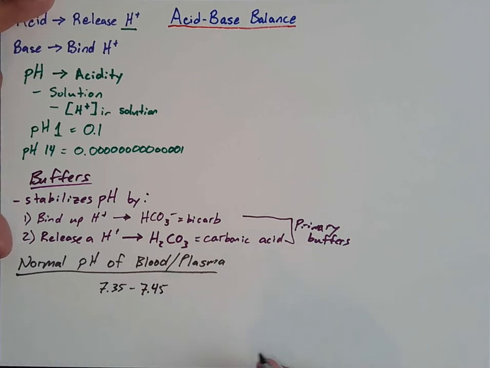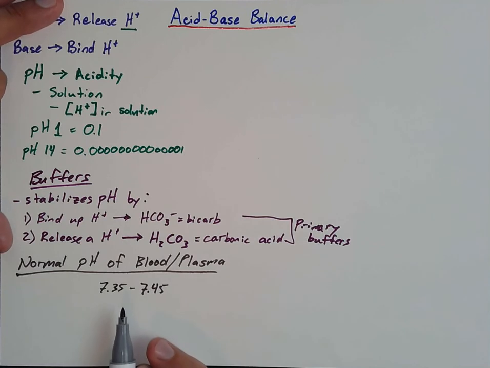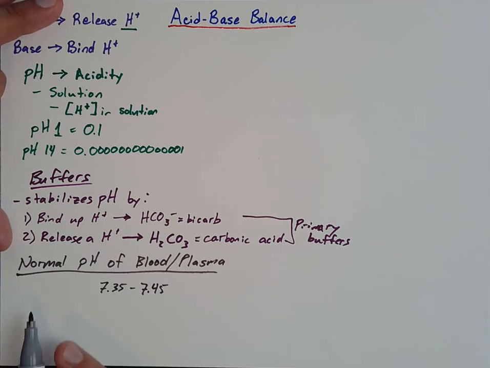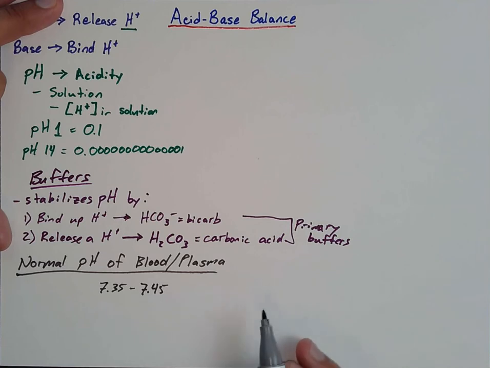So now I start asking yourself, what do you know about the pH scale? 7 is neutral, 1 is acidic, 14 is alkaline. And here we are in the blood at 7.35 to 7.45, so we are slightly alkaline. Awesome.